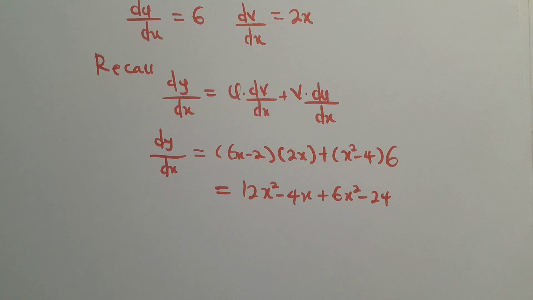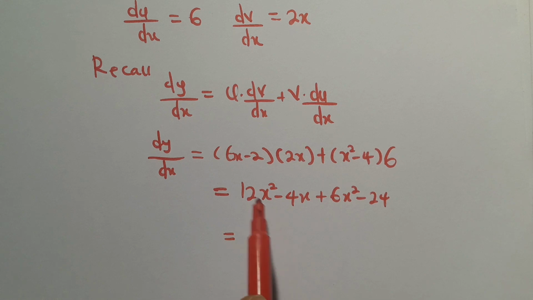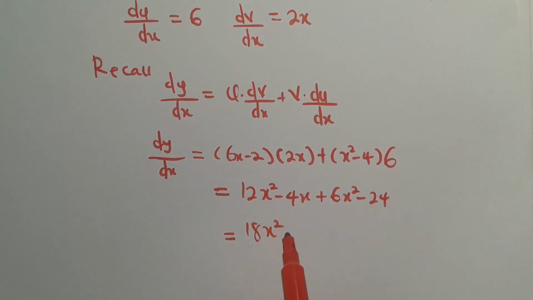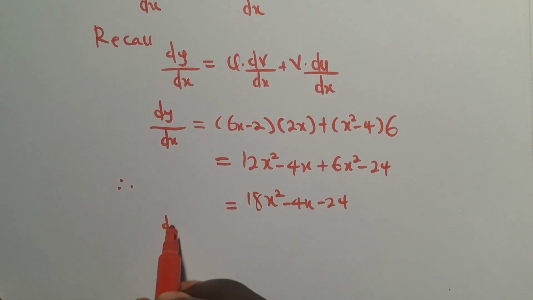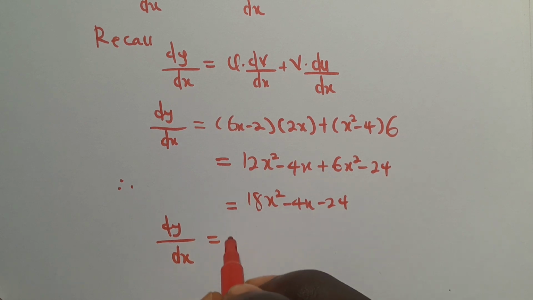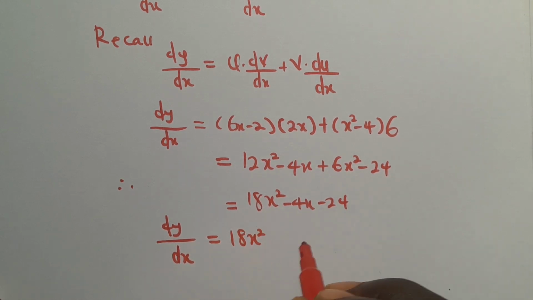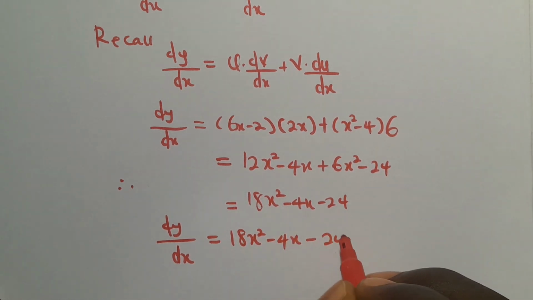So from here we have 12x squared plus 6x squared will be 18x squared, minus 4x, minus 24. So therefore, our dy/dx equals 18x squared minus 4x minus 24.